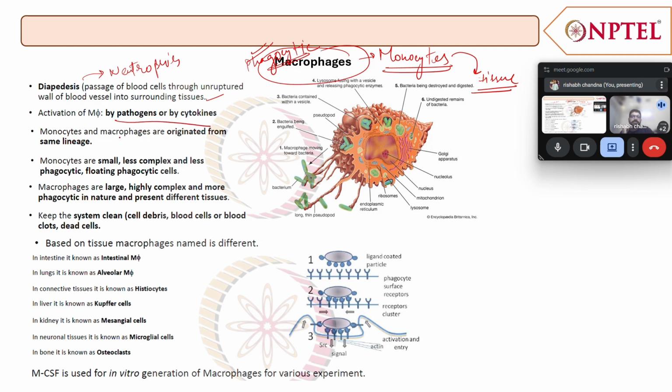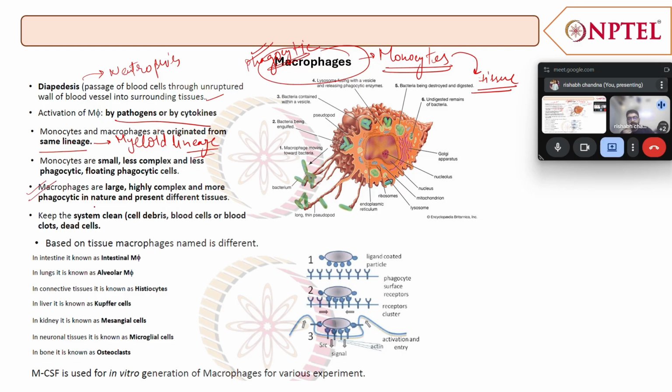The monocytes and macrophages originate from the same lineage, that is myeloid lineage. Monocytes are small, less complex, and less phagocytic floating cells, and macrophages are large, highly complex, more phagocytic in nature, and present in different tissues as well.